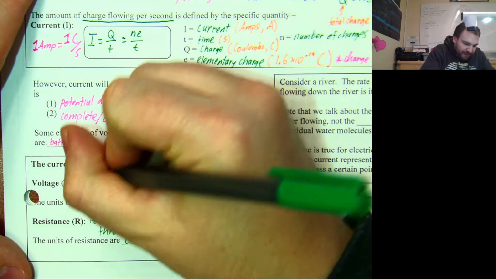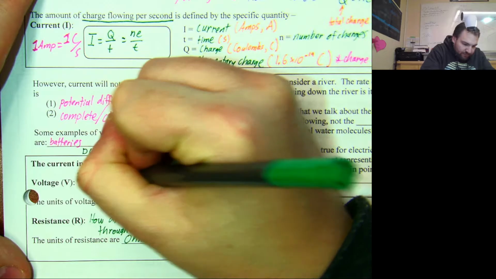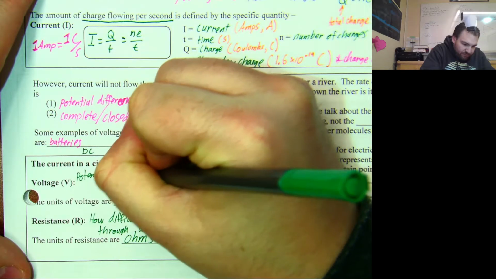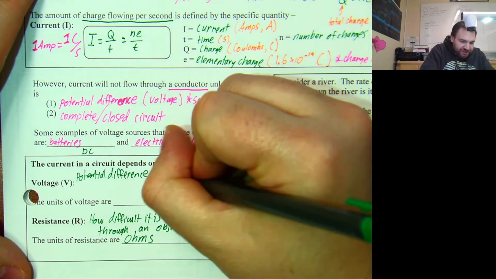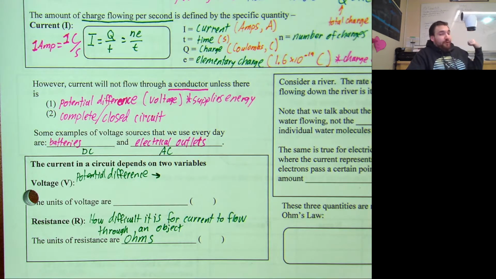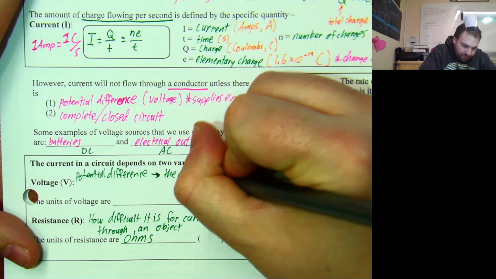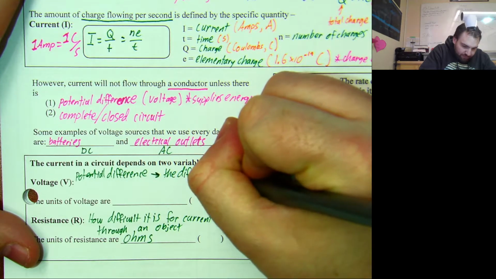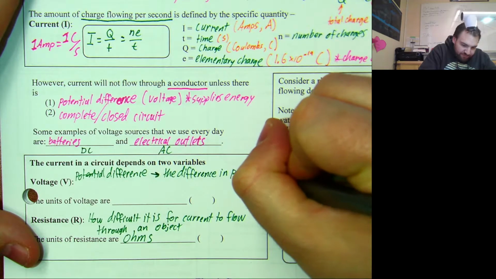Voltage is a potential difference. Which I'm just going to formalize what I said on the board before. It's the difference in potential energy.